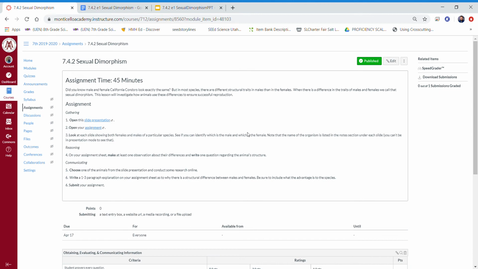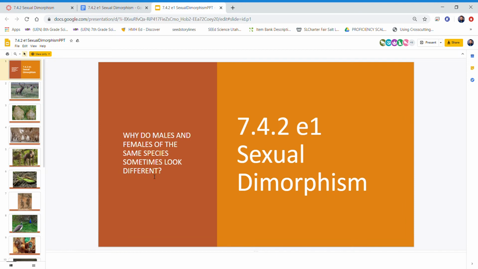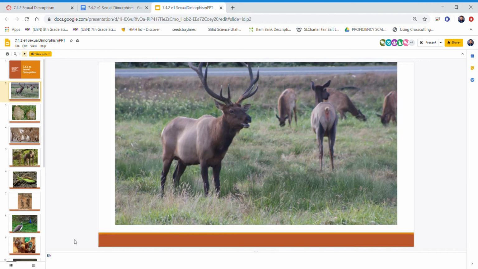Okay, so let's look at it really quick. I'm not going to click the present button because I don't want it to get rid of this little tiny comment section down here. So the first one, and it's hard to see, is elk.